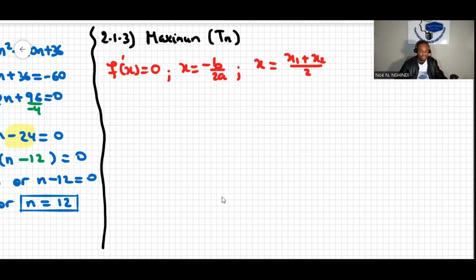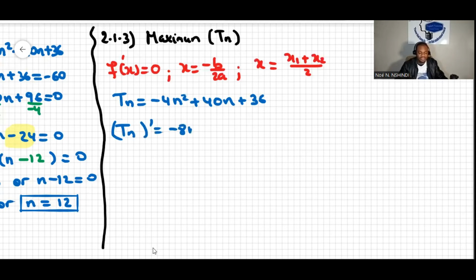Now in this situation, our function is Tn, which was given by negative 4n squared plus 40n plus 36. So we are going to differentiate this function. Tn derivative would be negative 8n plus 40.